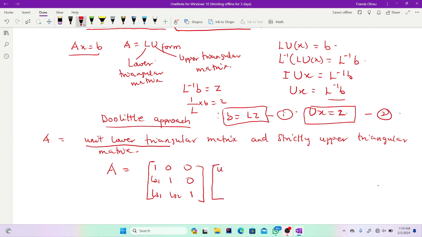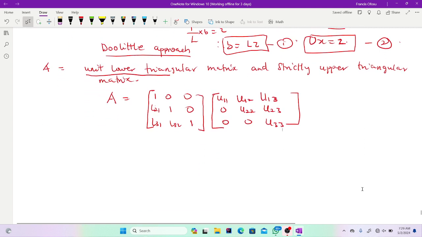So meaning you have U11, U12, U13. Then I'll have here 0, U22, U23. Then I have 0, 0, U33. So meaning that we have to convert our matrix into this form. Once you do this, you are good to go.